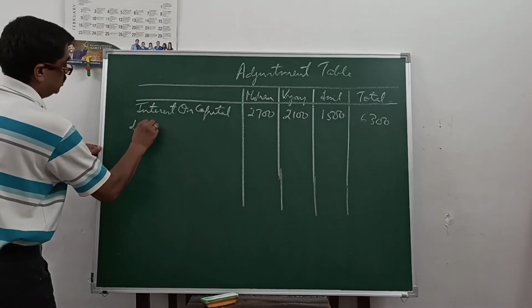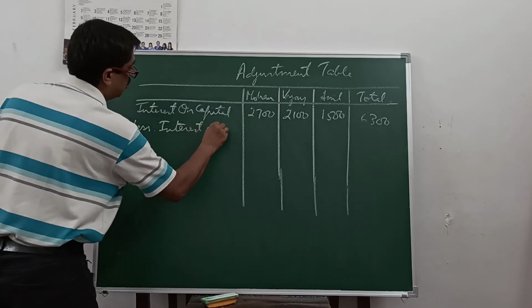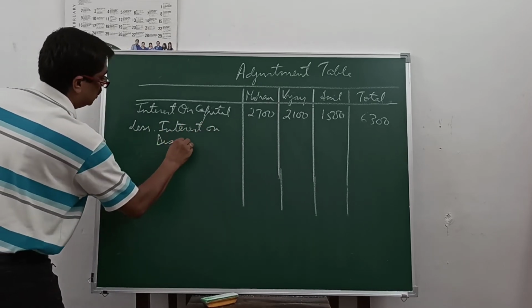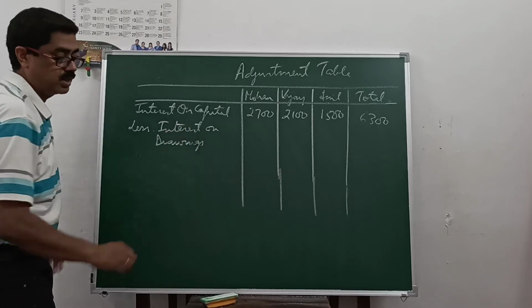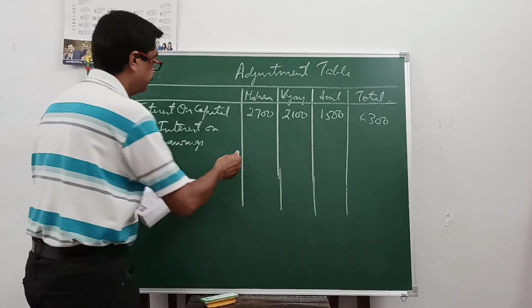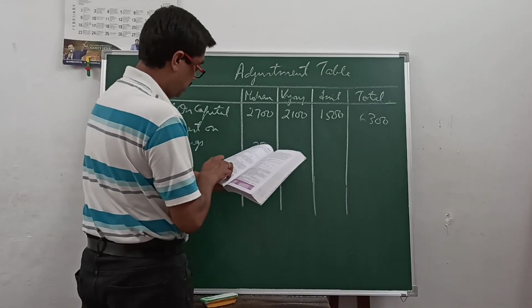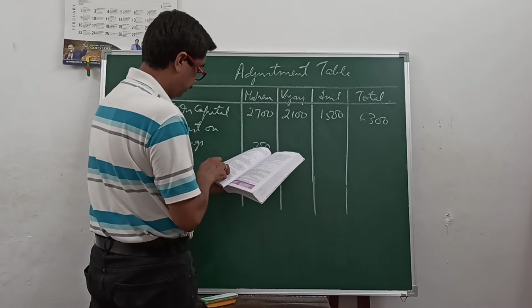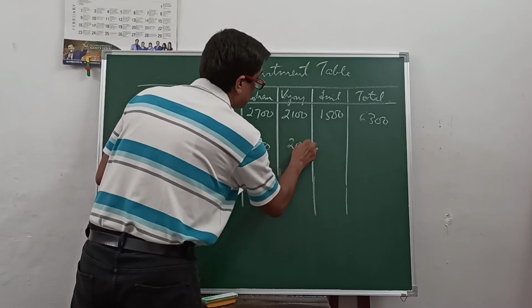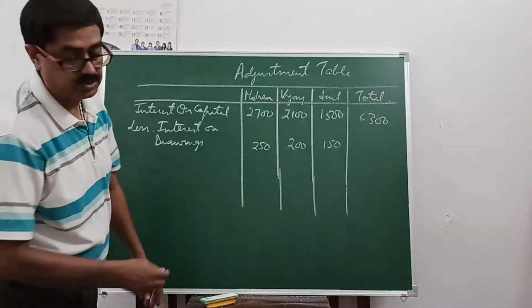Less interest on drawings, which is already given in the question as Mohan 250, Vijay 200 and Anil 150 gives a total of 600.